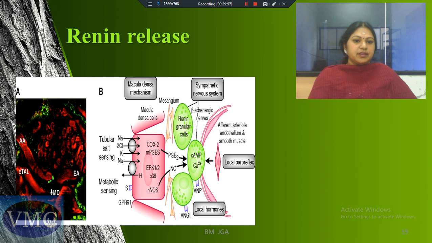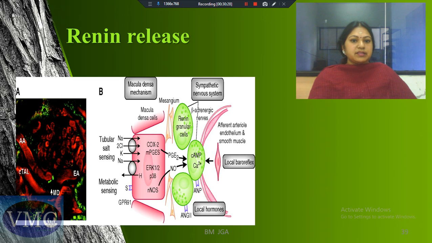Inside this macula densa, you have nitric oxide formed as well as prostaglandins, particularly prostaglandin E2. So you have prostaglandin I2 as well as E2 as well as nitric oxide formed, and this causes cyclic AMP to be formed in the juxtaglomerular cells, and that causes a decrease in the calcium levels, and you have a secretion of your renin.